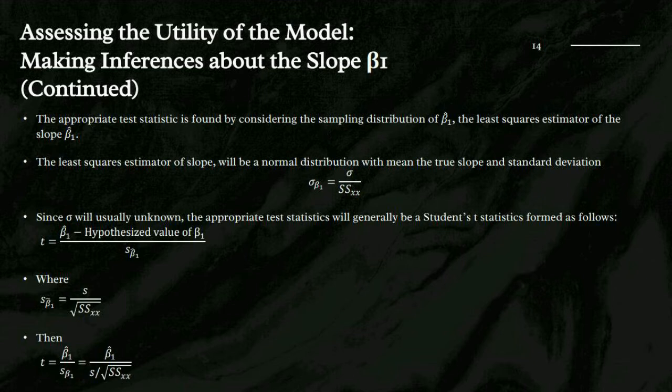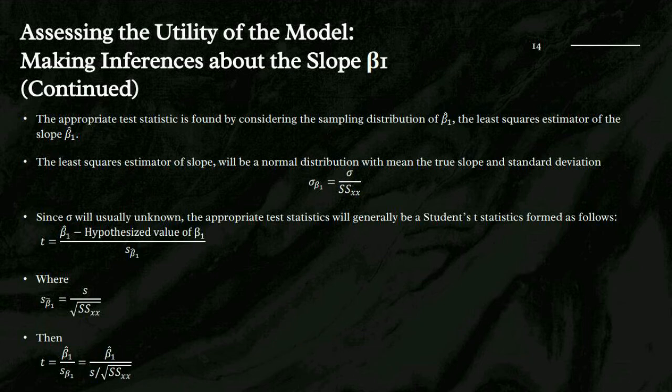The appropriate test statistic is found by considering the sampling distribution of beta 1 hat, the least square estimator of the slope beta 1. The least square estimator of the slope will be normally distributed with mean the true slope beta 1 and standard deviation sigma divided by the square root of SSxx.